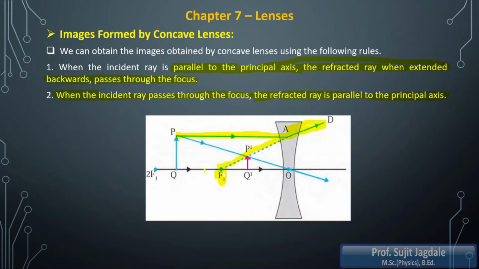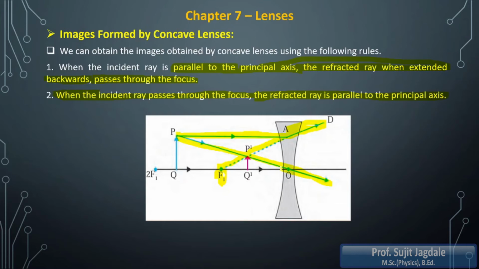The second rule is that when incident rays pass through the focus, after refraction they are parallel to the principal axis. And similar to the convex lens, the rays which pass through the optical center go undeviated.